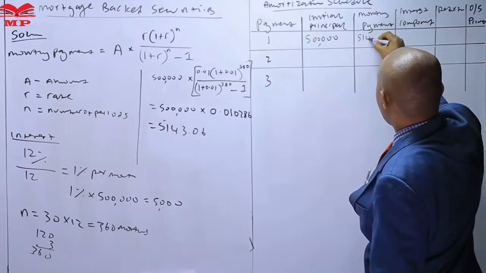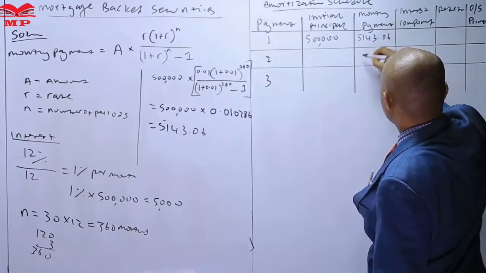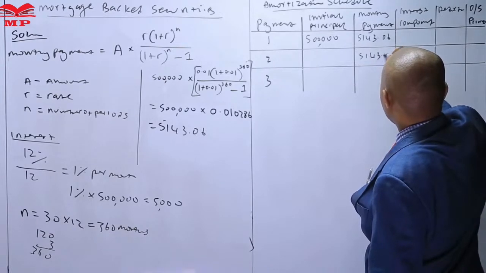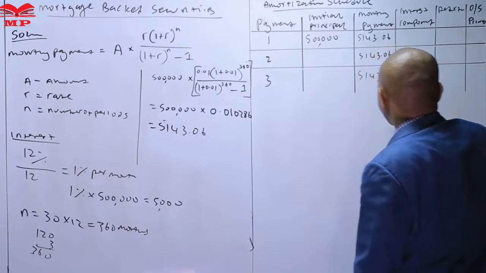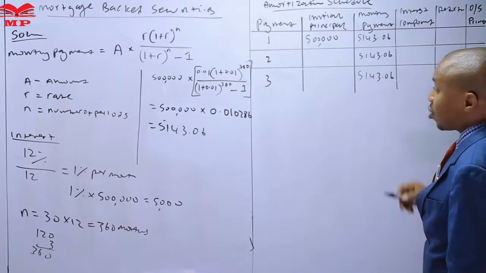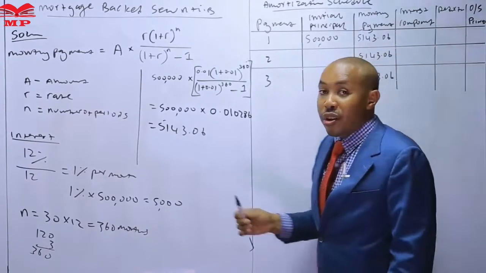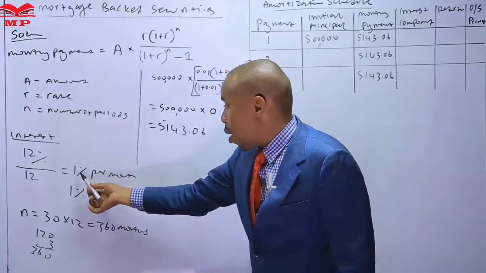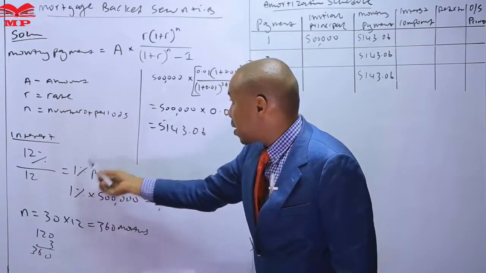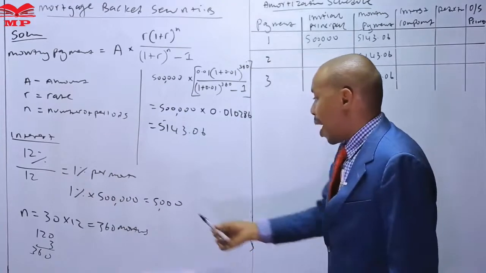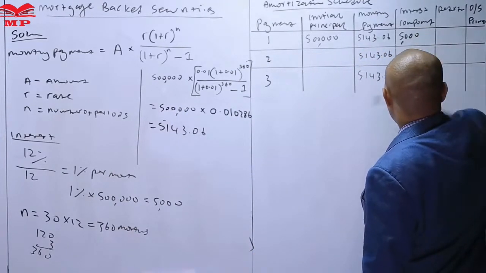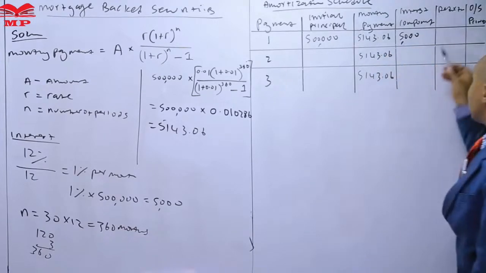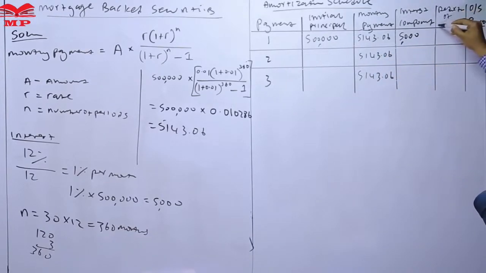So 5143.06, 5143.06, 5143.06 there. The interest component is based on this percentage right here, 1%, the first payment 1% of 500,000, and I had computed it over here as 5,000. So 5,000, like that. Then the reduction of principal.